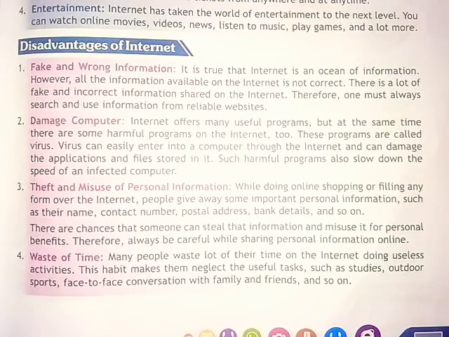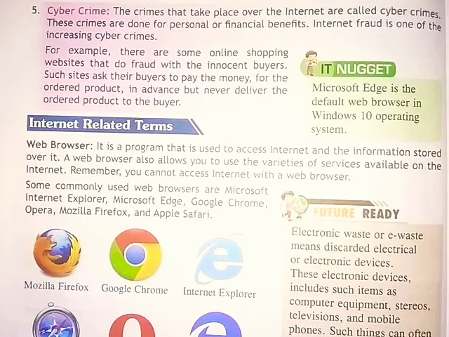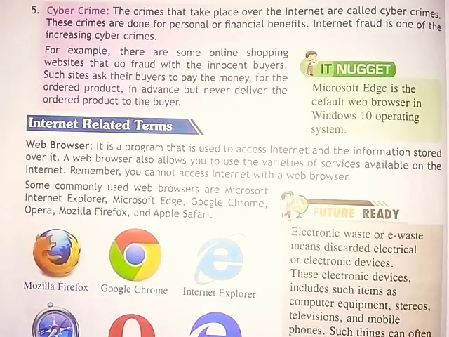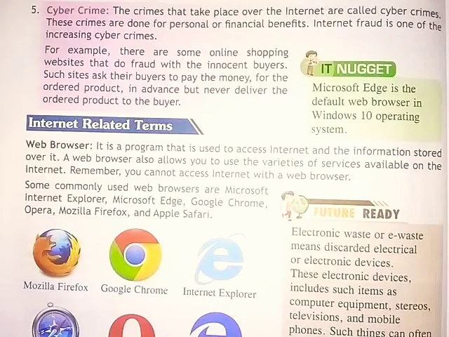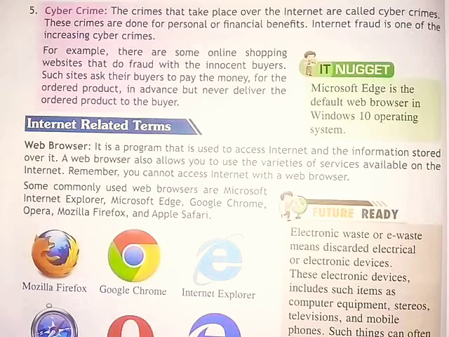Fifth, cybercrime. The crimes that take place over the internet are called cybercrimes. These crimes are done for personal or financial benefits. Internet fraud is one of the increasing cybercrimes. For example, there are some online shopping websites that do fraud with the innocent buyers.